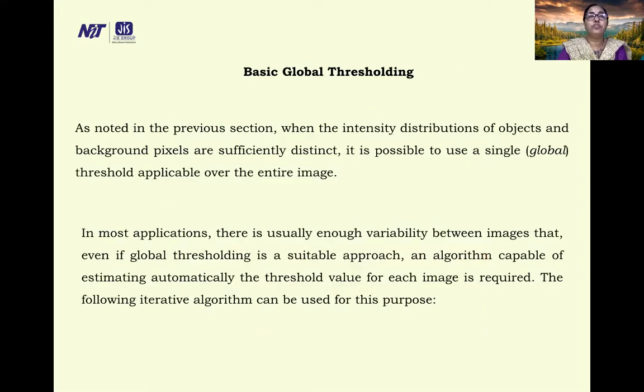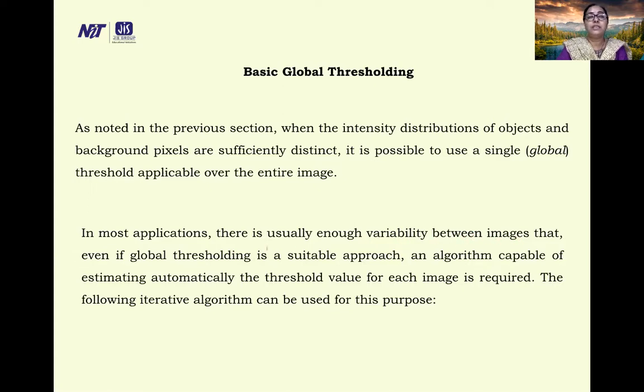Basic global thresholding. As noted in the previous slides, when the intensity distributions of the object and background pixels are sufficiently distinct, it is possible to use a global threshold applied over the entire image. That indicates the image should be divided smoothly, then global thresholding applied. In most applications, there is usually enough variability between images.